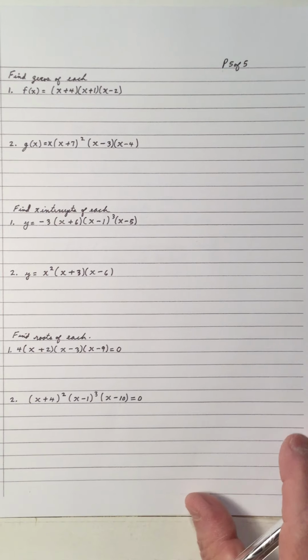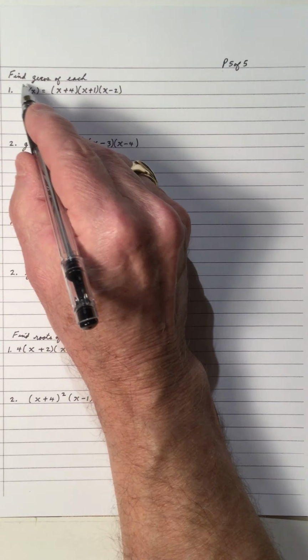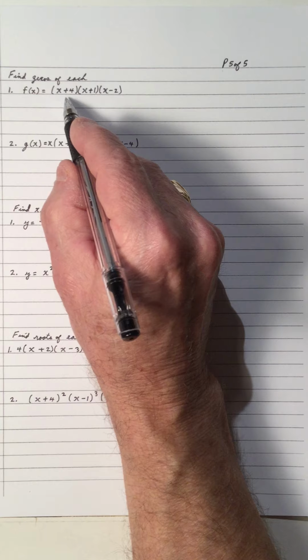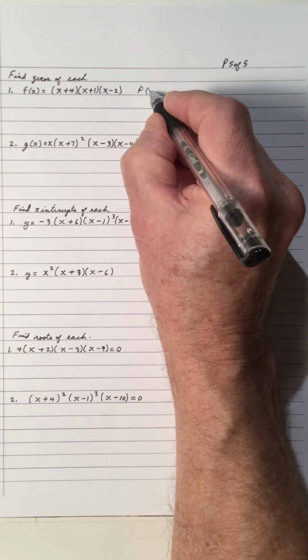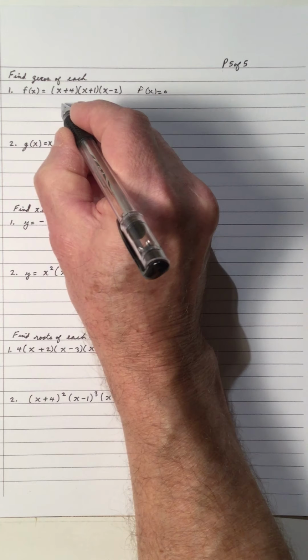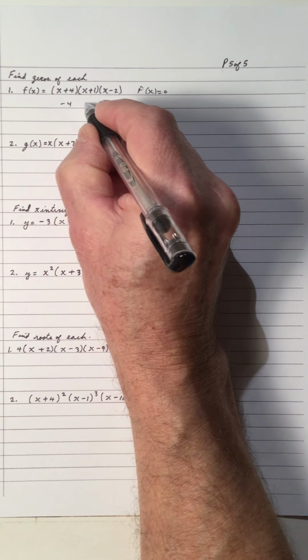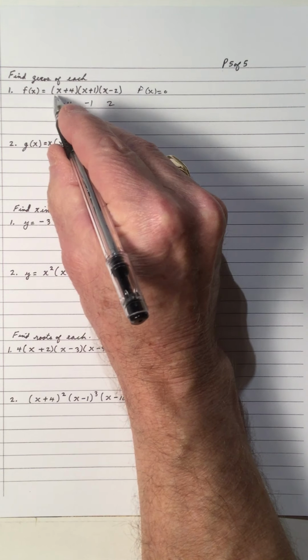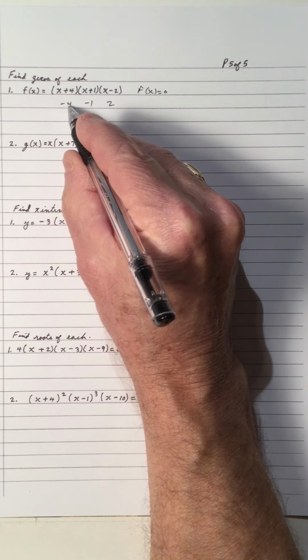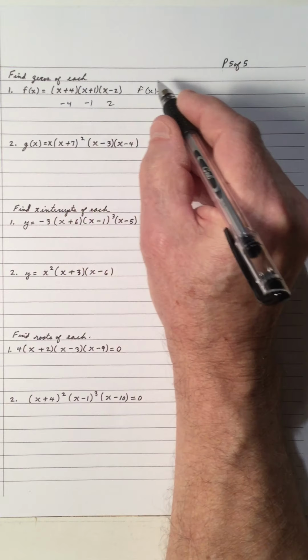And just to finish it off, find the zeros. We find the zeros of a polynomial. The zeros of a polynomial are the values that make f of x equal to 0. And those values are -4, -1, and 2. So we make each of these equal to 0 and solve them. We get these zeros.